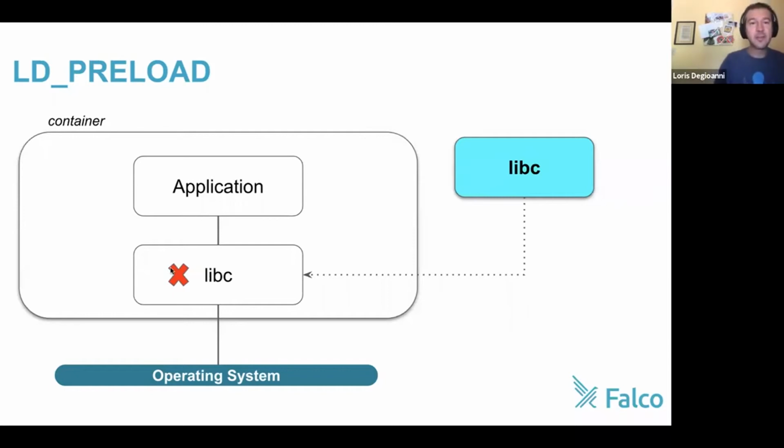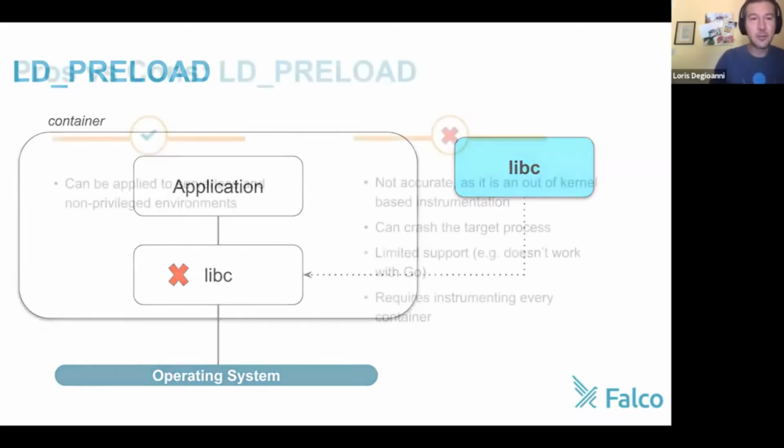We can somehow, as the container loads, replace the libc that is inside the container by maybe mapping a volume or something like that, and then use an environment variable to tell the container, okay, go and use this different libc, which is instrumented. The instrumented libc is able essentially to act as a pass-through for all of these calls that the application does to the operating system, and collect them and ship them somewhere so that they can be analyzed and can be used as signals for runtime security.